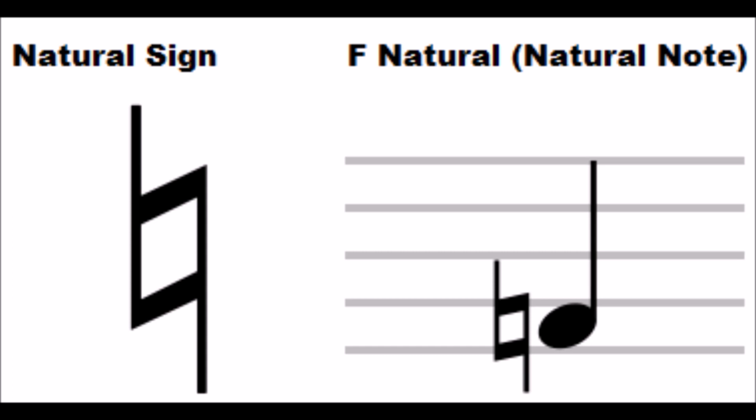Similar to the other accidentals, the space in the middle of the natural sign is placed on the line or space of the note head that it affects. A natural sign is about 3 staff spaces in height.